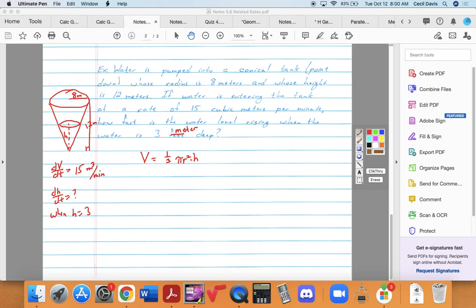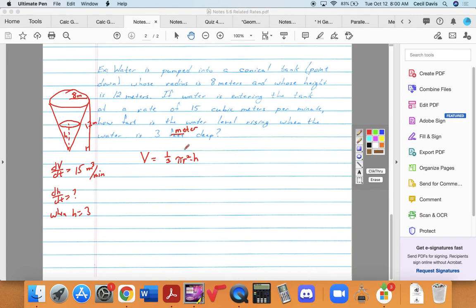Not very pleasant. And part of what makes this difficult is, notice we talk about dV/dt, we talk about h, we talk about dh/dt. Is r mentioned anywhere in here?